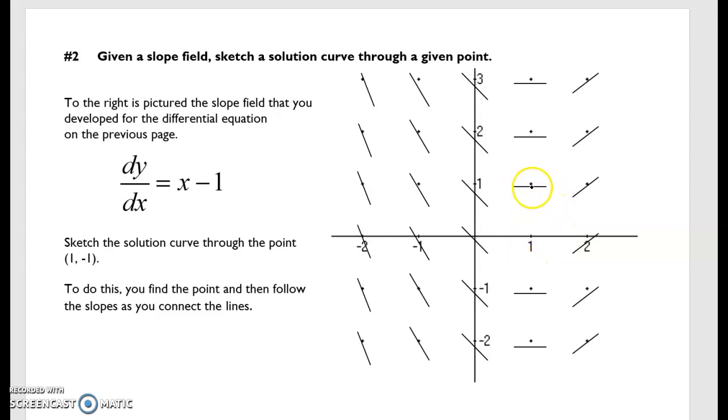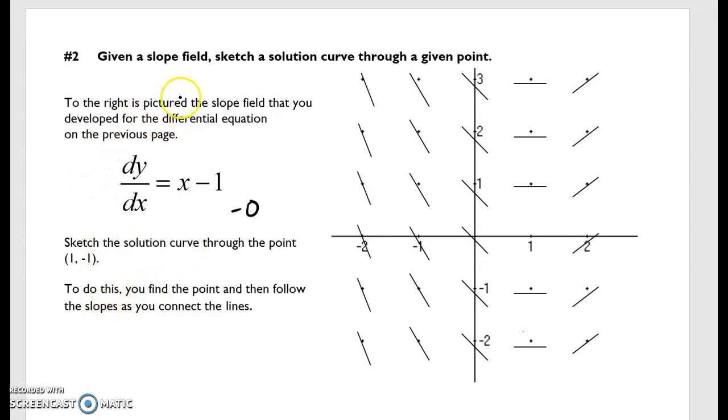So if I look at this point, 1, 1, I see that this has a slope of 0, so that means my differential equation is 0 there. And that's because if I were to plug in x equals 1, 1 minus 1 equals 0. So all along this line where x is 1, I'm getting a slope of 0. Here, where x is 2, I'd have a slope of 1 and the slope of -1 when x is 0.